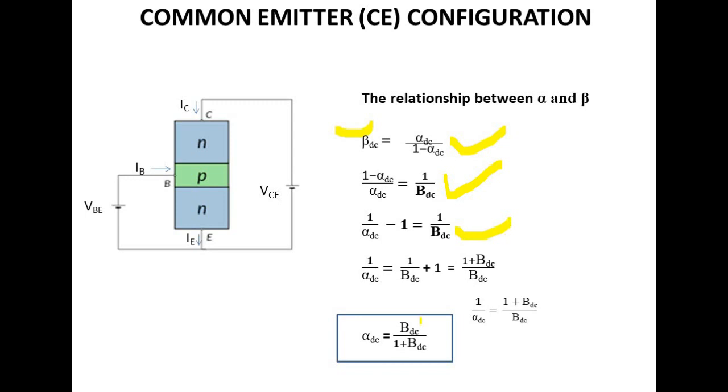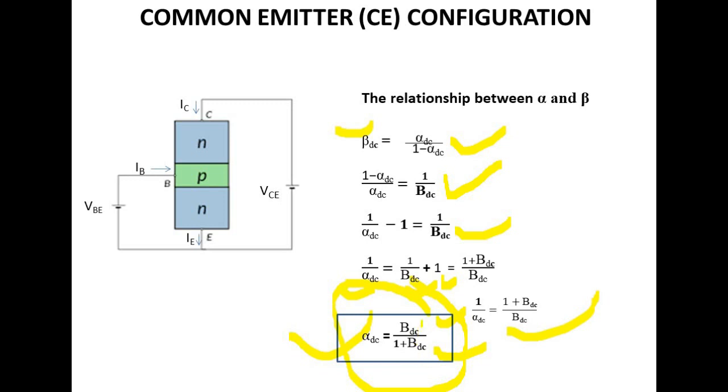That is we get 1 by alpha DC is equal to 1 by beta DC plus 1, or we get 1 plus beta DC upon beta DC. So alpha DC will be equal to beta DC upon 1 plus beta DC. This is the relationship of alpha DC in terms of beta DC.